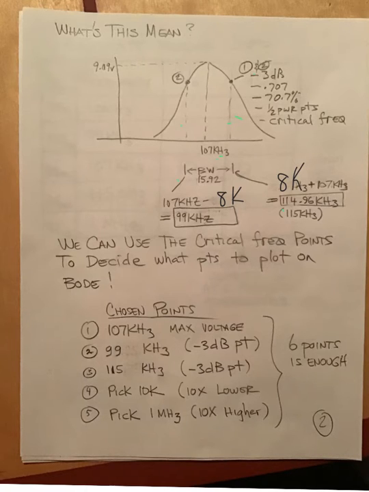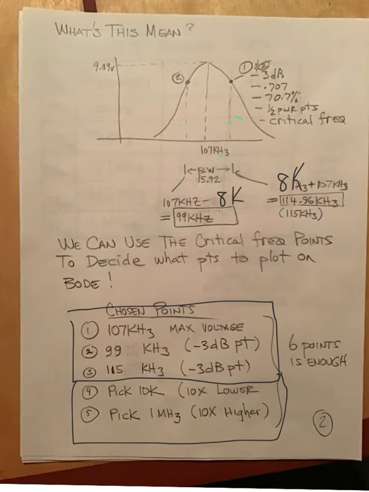So here are our 3 critical frequencies that we're going to look at, and we're going to add a couple more. At the end of the day, it turned out that 8 points was better than 6. So when we do this circuit, we're going to compute 5 times: 1, 2, 3, 4, 5 right here.